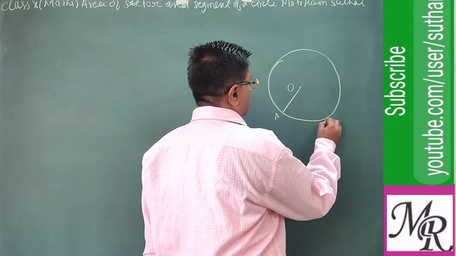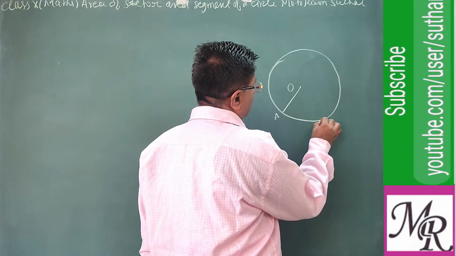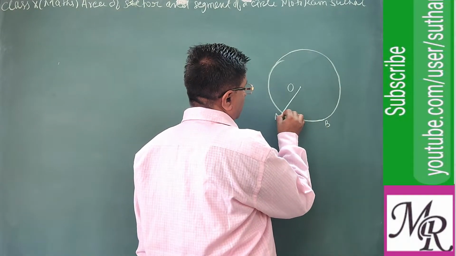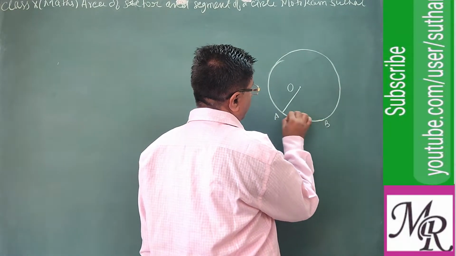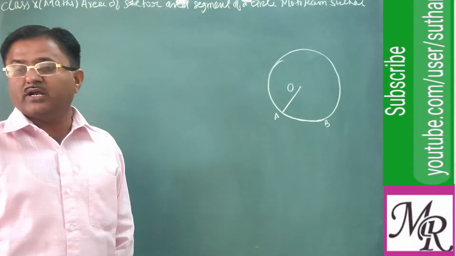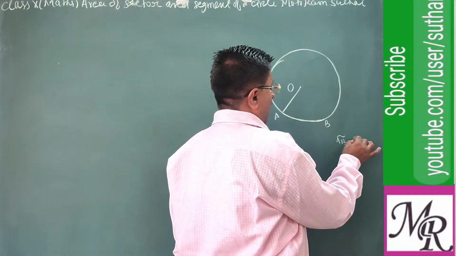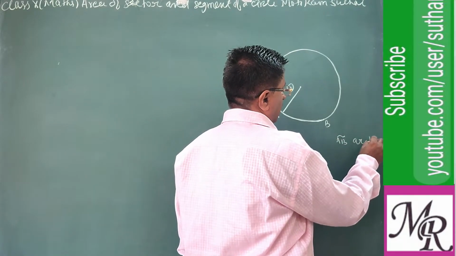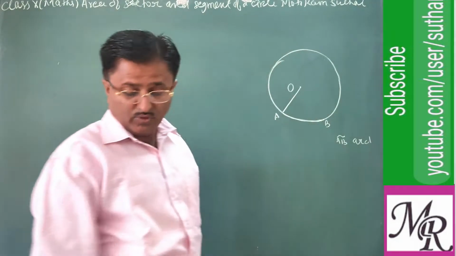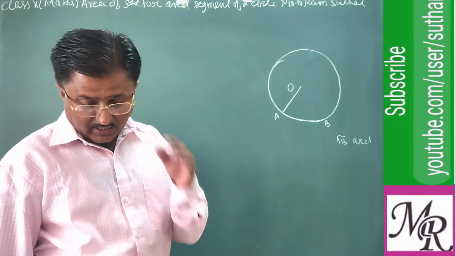Suppose this point is B. The length between A and B, when we are moving on the path of the circle or on the boundary of the circle, is called the arc. Clear? We call this an arc of the circle.